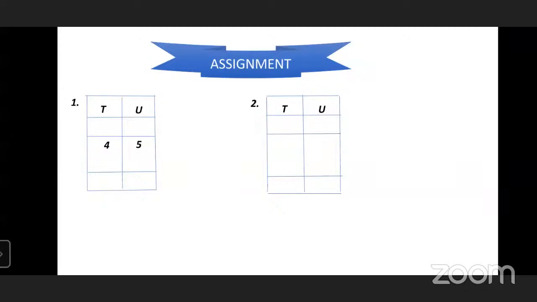Your first sum is 45 minus 28. You will do this at your home. So please note down these two sums in your notebook, children. Your first sum is 45 minus 28, and your second sum is 65 minus 37. Children, I'm giving you 1 minute. Please note it down in your notebook.